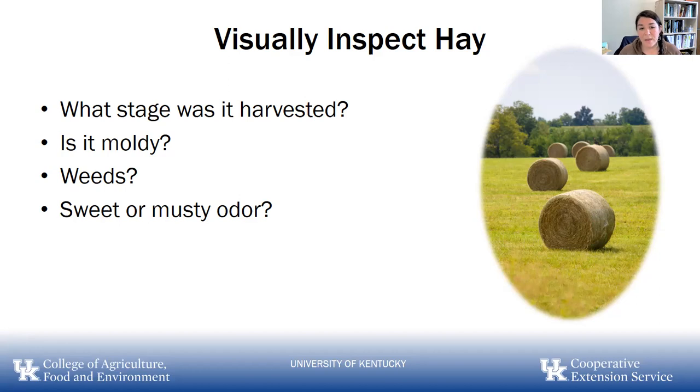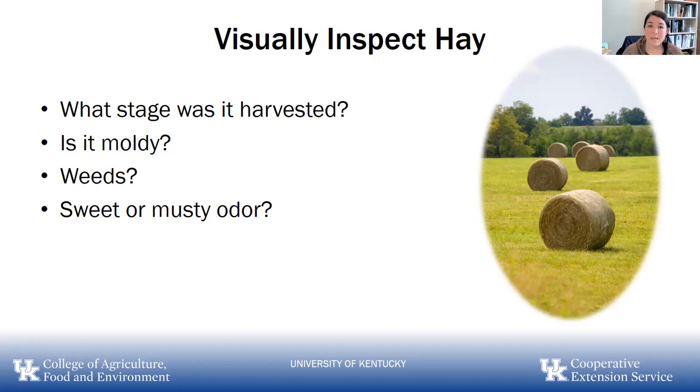However you sample, you want it to be done in lots. So if you've got a first cutting of fescue hay, that's going to be one lot. Then a second cutting of fescue hay is going to be a separate sample. You want to make sure that your samples are done correctly. We do have publications on that, and I can get you videos, or I can come out and teach you how to do that also.